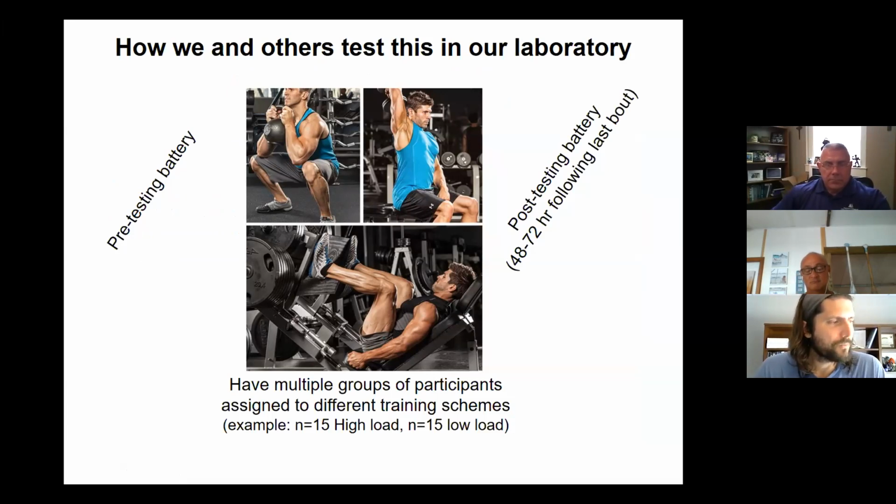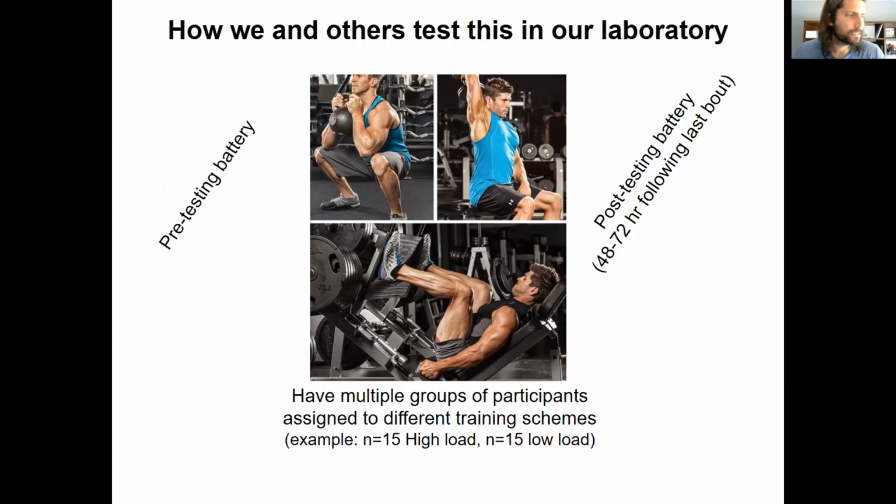The idea, for those that haven't been involved in these studies, is that we typically set up a pre-testing battery where we get body composition, muscle biopsies. We can get localized hypertrophy measures with an ultrasound device.